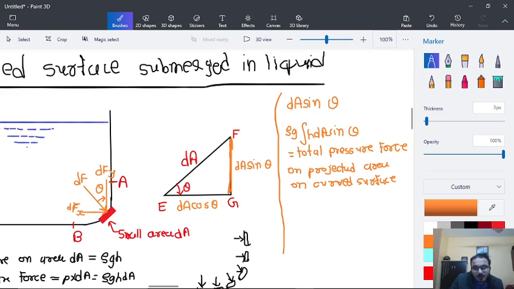Okay, and now the other part is dA cos theta. So if you see, dA cos theta is horizontal projection. Horizontal projection of area dA. So when we have, let's say, integration h into dA cos theta, then this is nothing but the total volume.